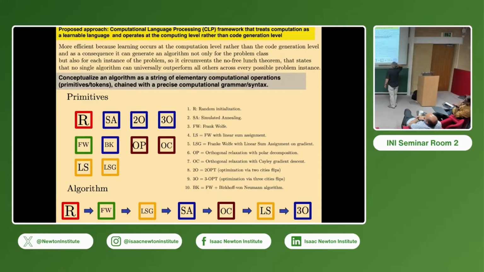Now, we claim this approach is more efficient because learning occurs at the computation level rather than the code generation level. And as a consequence, it can generate an algorithm not only for the problem class, but also for each instance of the problem. So it circumvents the no free lunch theorem that states that no single algorithm can universally outperform others across every possible problem instance. So what do I mean?